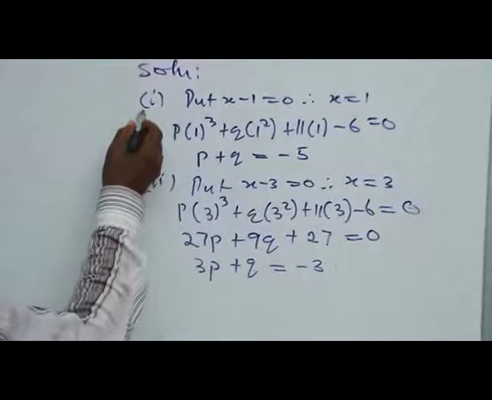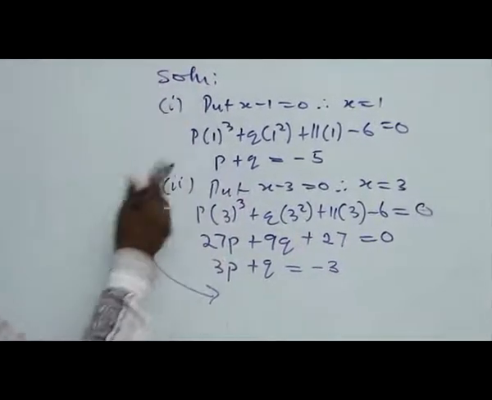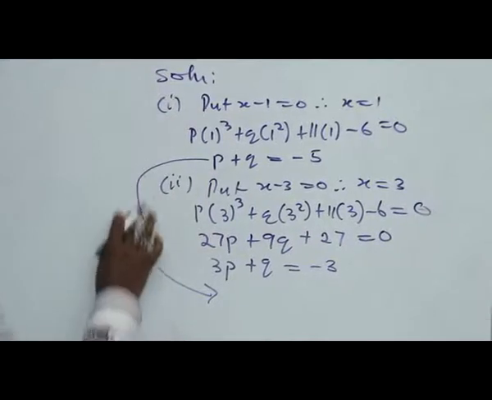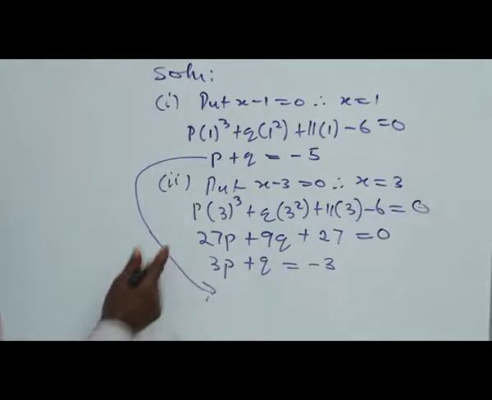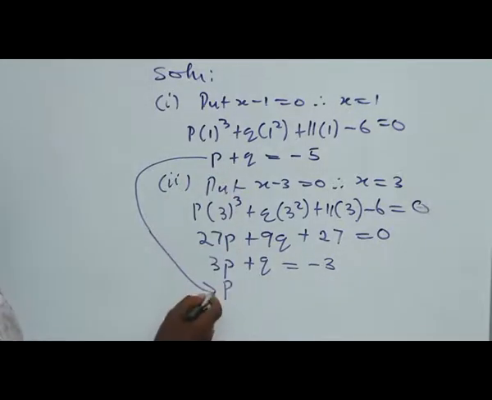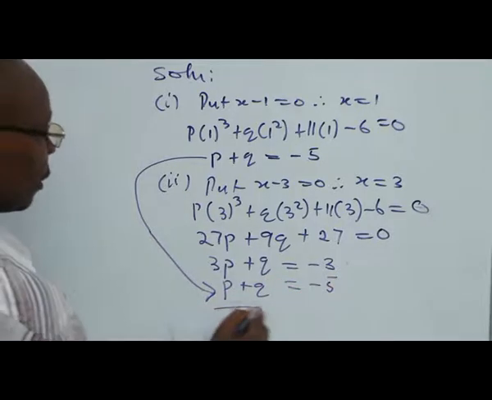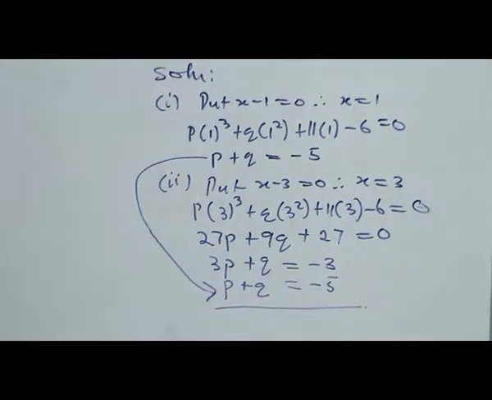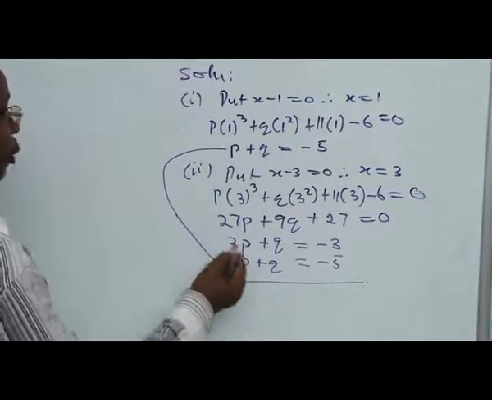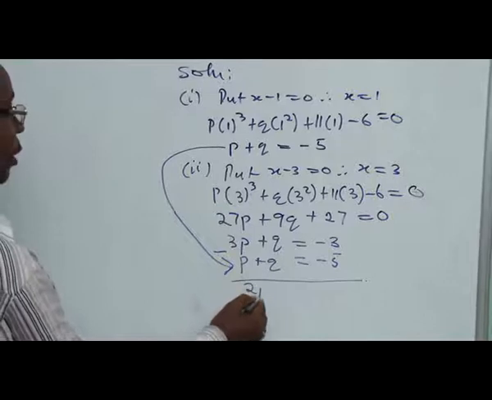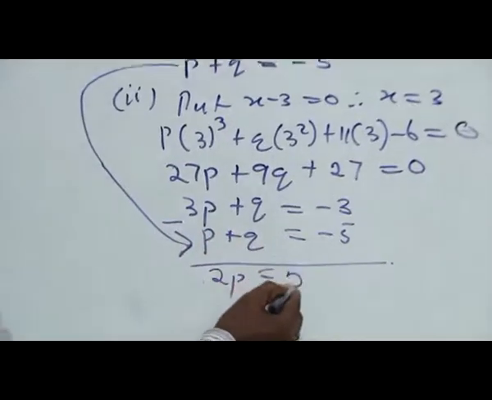Bring in the first equation here: p plus q equal to minus 5. We can subtract, because the coefficient of q in both equations is the same. If you subtract, you have 2p equal to minus 3 minus of minus 5, which gives 2.